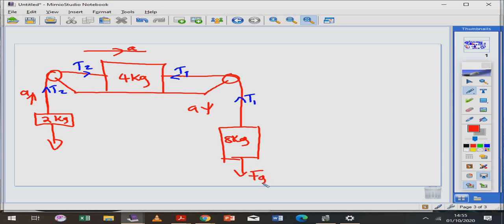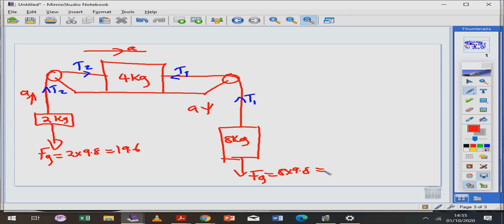We have Fg here, and we also have Fg here, which for this one is 2 times 9.8, 19.6, and for this one it's 8 times 9.8, which is, you guys find out.